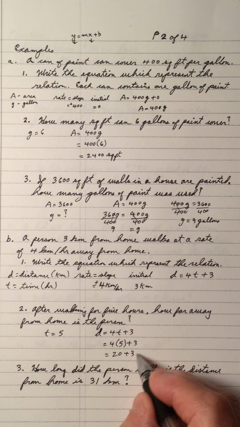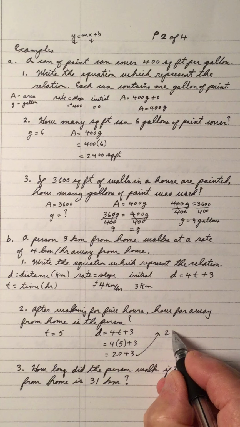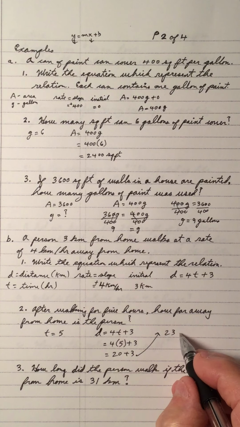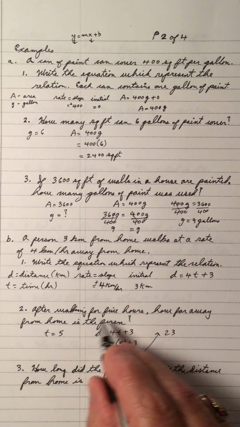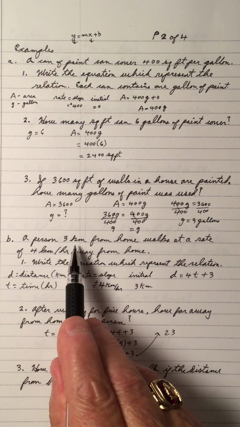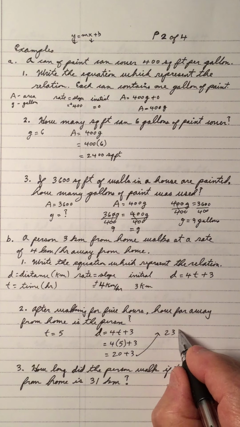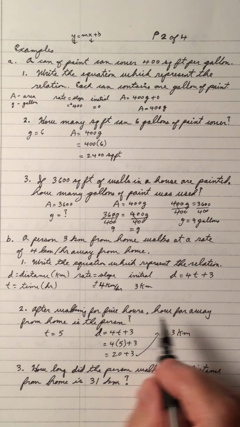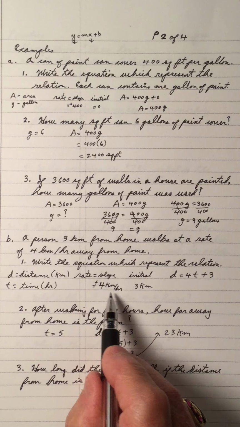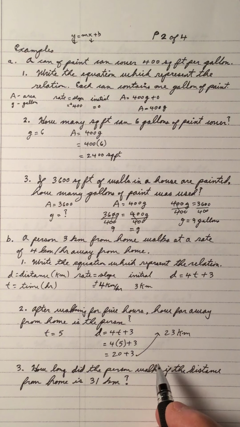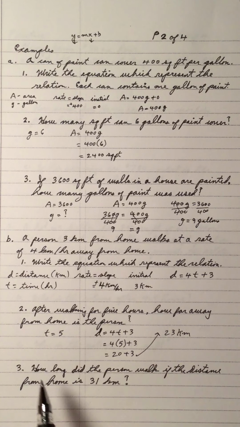So the person is 23, and 23 is your distance, and we notice it's kilometers. We read up on top that the rate is 4 kilometers per hour. So you're 23 kilometers away from home.